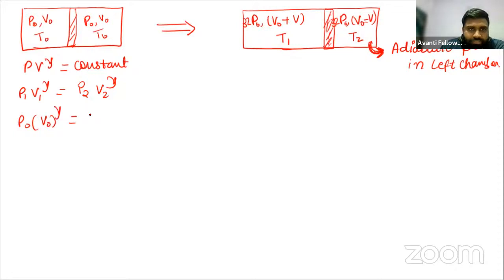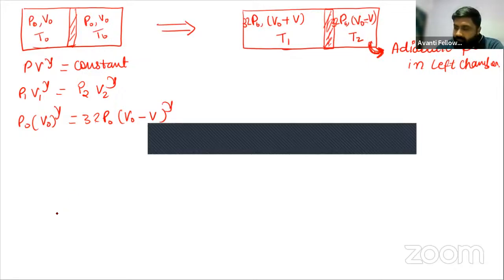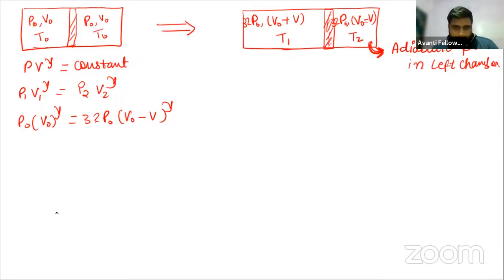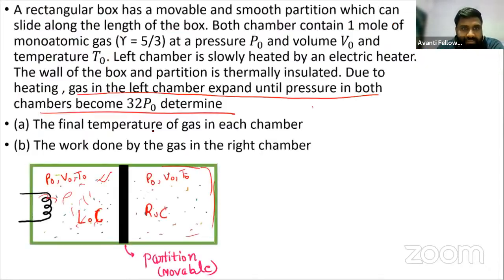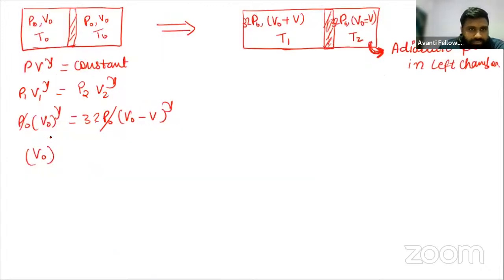P2 is 32 times P naught, and V2 is the final value, raised to the power gamma. Now we can cancel the pressure here. This V naught raised to the power gamma, gamma is given to you as 5 by 3.